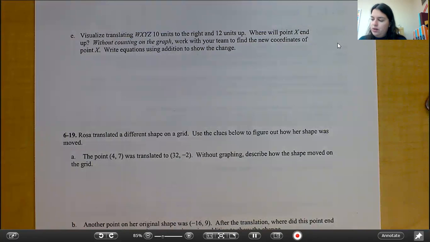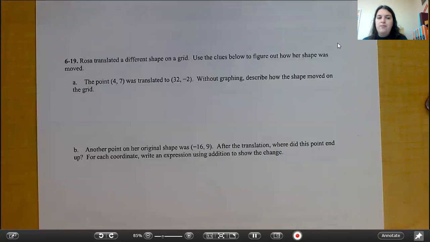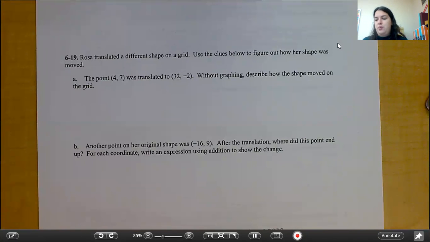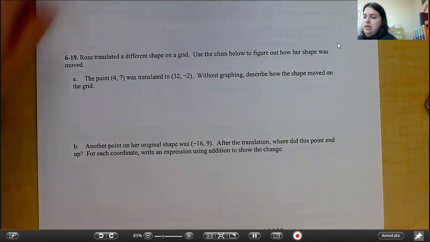After the translation, where did this point end up? For each coordinate, write an expression using addition to show change. So again, we're using addition for part B. So I want you to pause the video and answer parts A and B for problem 6.19. Okay, if you are back with me, you've answered 6.19. Again, we are going to save it.